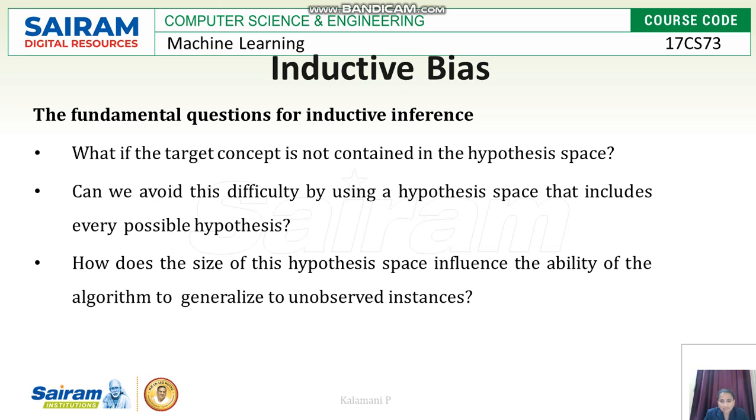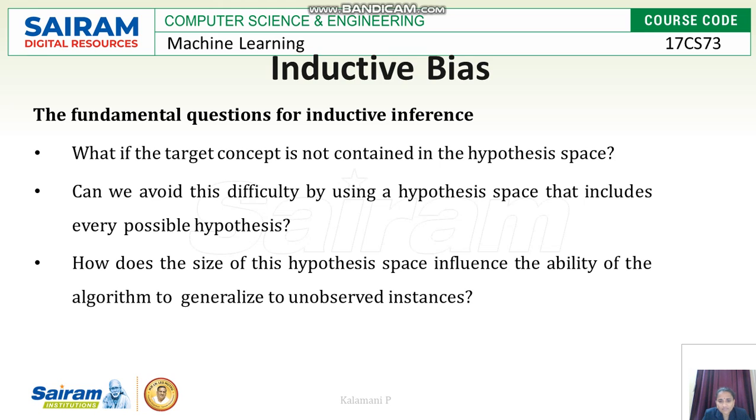That is the List-Then-Eliminate algorithm we have seen. But if the target concept is not contained in the hypothesis space, what is the problem? Can we avoid this difficulty by using a hypothesis space that includes every possible hypothesis? That is also a problem, so we can't include all possible hypotheses. We'll see an example, then you can understand.